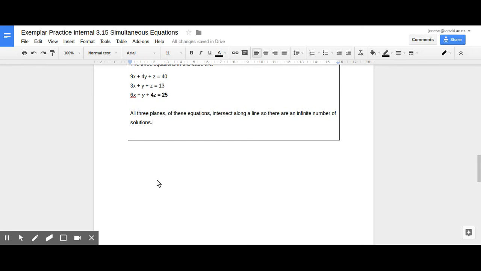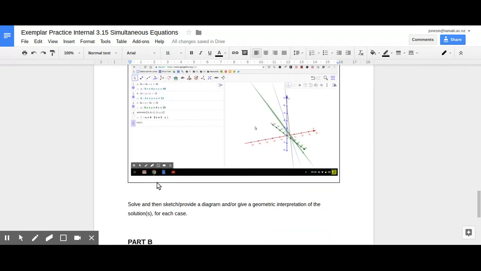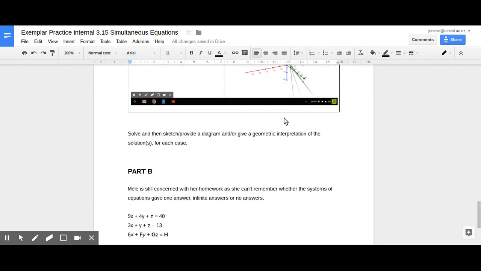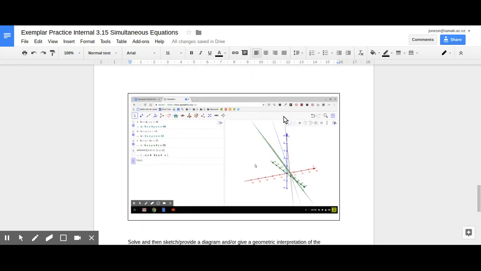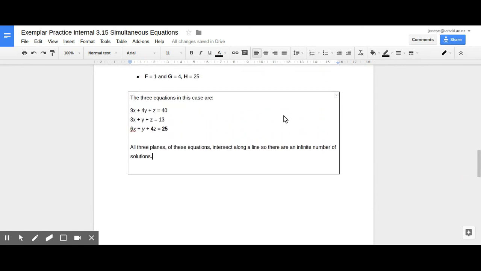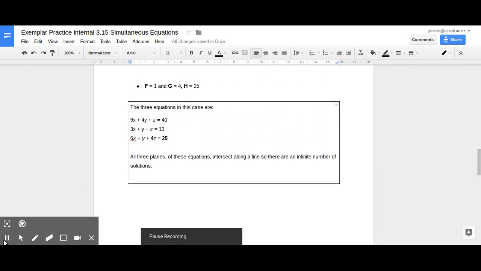All three planes of these equations intersect along the line, there are an infinite number of solutions. And you can see that happening there. Alright, so we have answered the first and the second parts of that first.